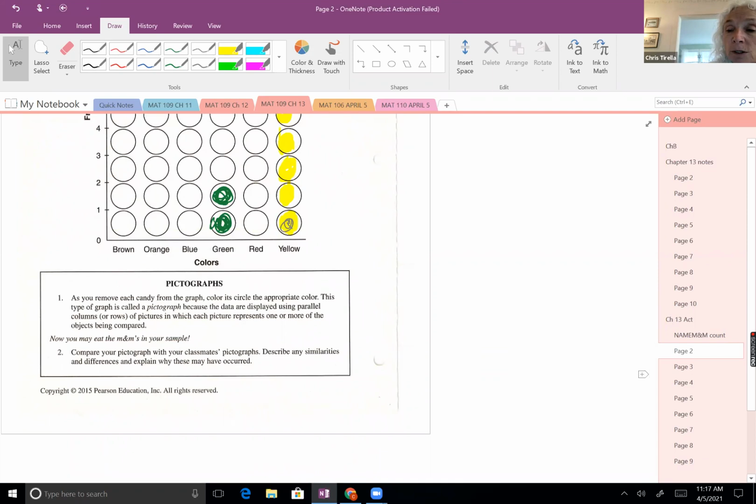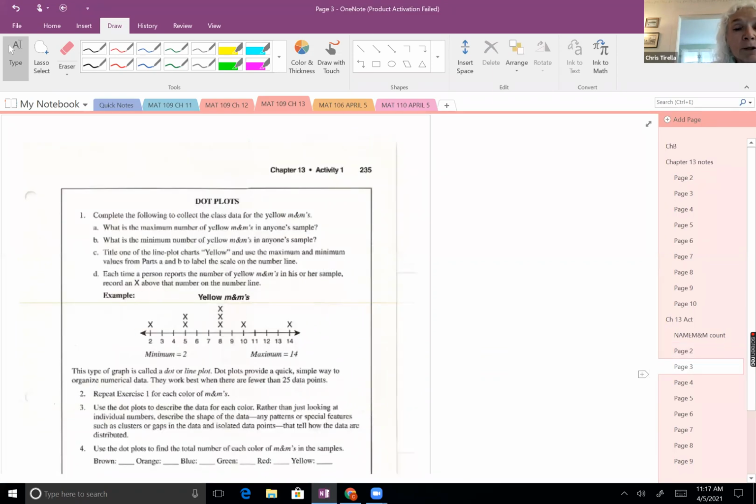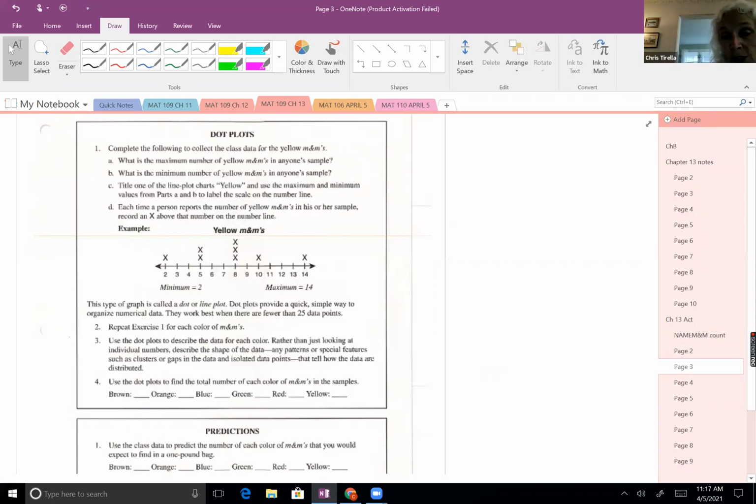And then the next one asks you to make a dot plot for each color. For this part, to make the dot plot for each color, oops, I have to apologize. I thought I had uploaded that sheet of paper into this activity.